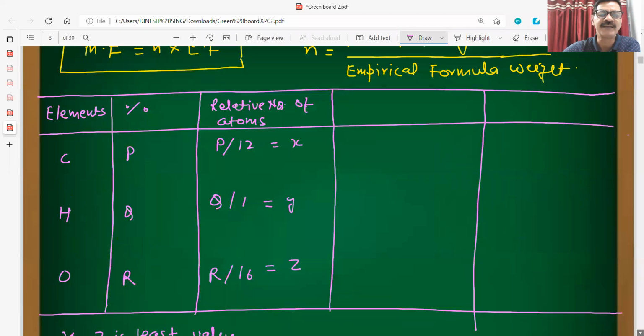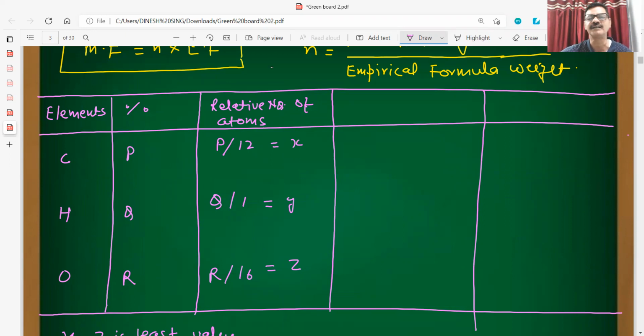So here we will apply those percentages. By dividing the respective percentages with their atomic numbers, we get the relative number of atoms or simple ratio of atoms. And suppose here Z is the least value.